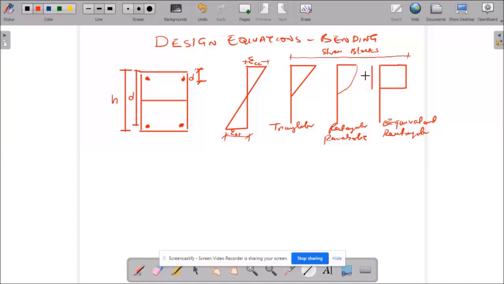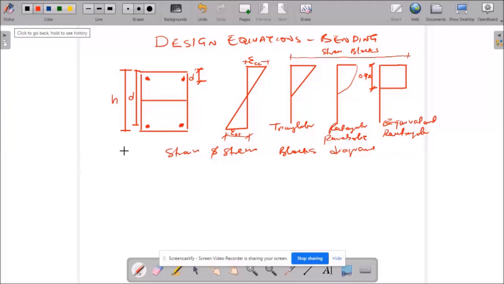We have this as 0.9x. So here we term this diagram as our strain and stress block diagrams.